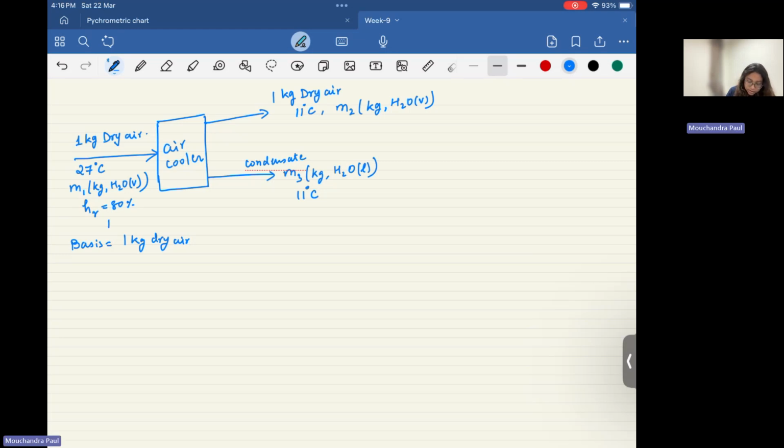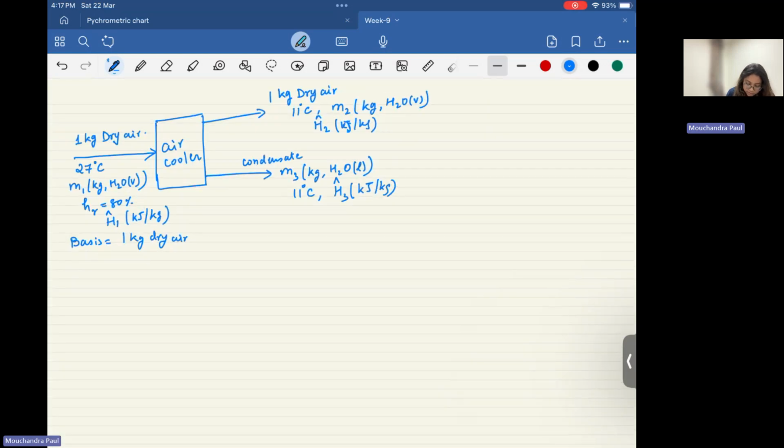Now, the specific enthalpy for the inlet air, let's say, is H1 hat, kilojoule per kg unit. For the cold air, let's say it is H2 hat. And for the condensate, it is H3 hat. Okay.